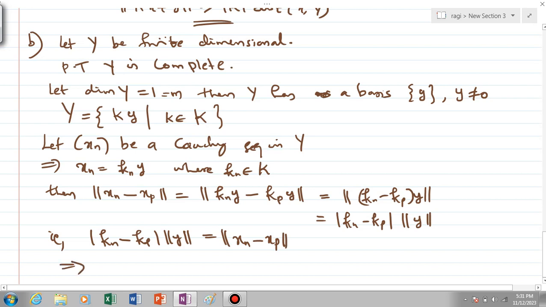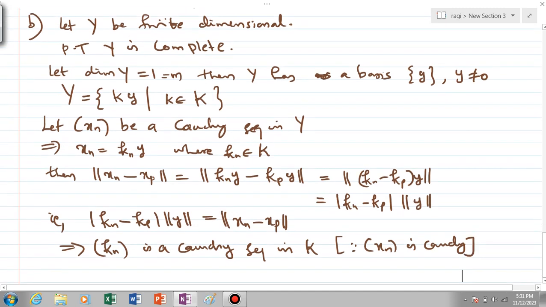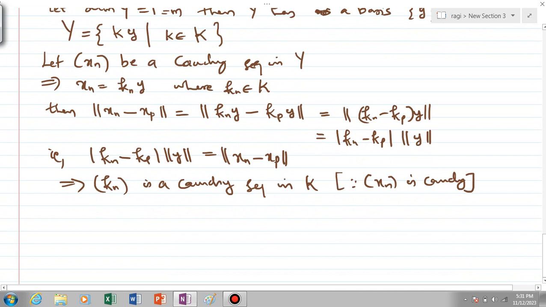This means that the sequence k_n is a Cauchy sequence in K, since the sequence x_n is Cauchy. And we know that the space of scalars K is complete, and so the sequence k_n converges in K, since K is complete.